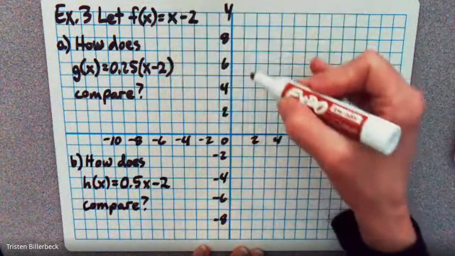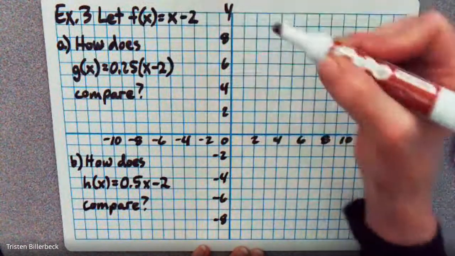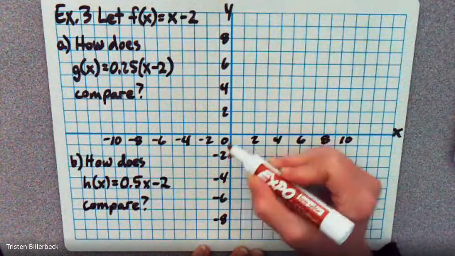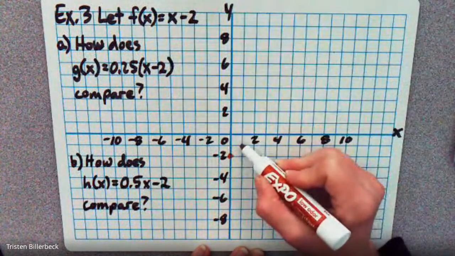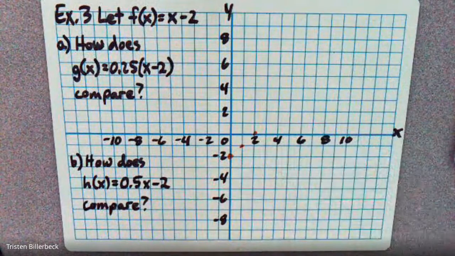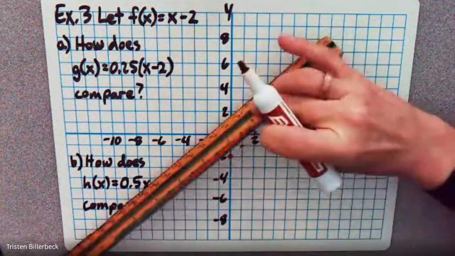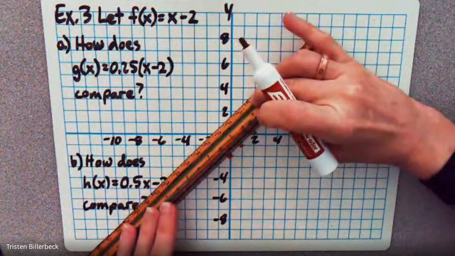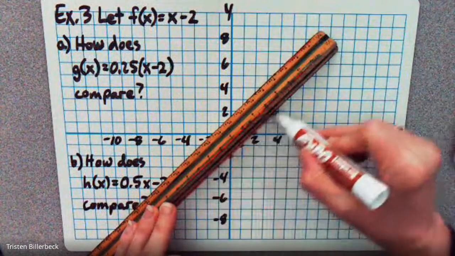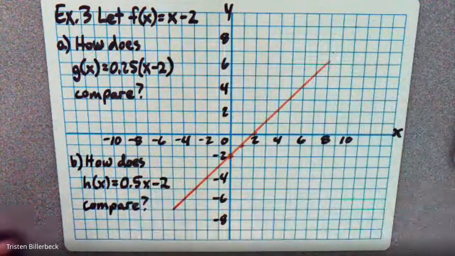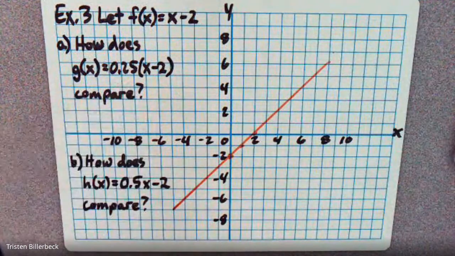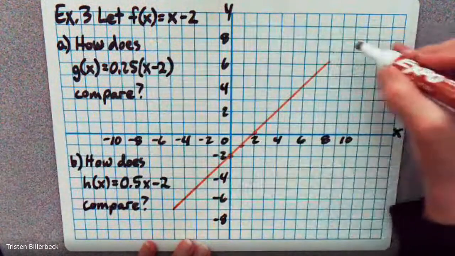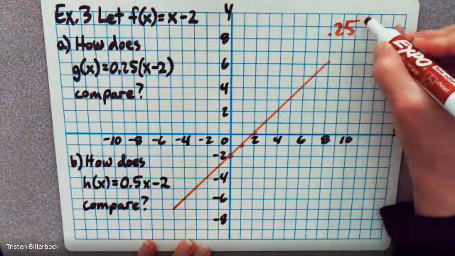So we have y equals f of x, it's x minus 2. So we go to -2. Our slope is 1, we rise 1, we run 1. So we end up graphing a parent graph that looks like this. Now when we compare, this slope is 0.25 equals 1/4.